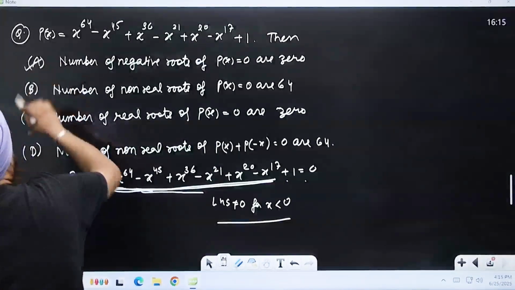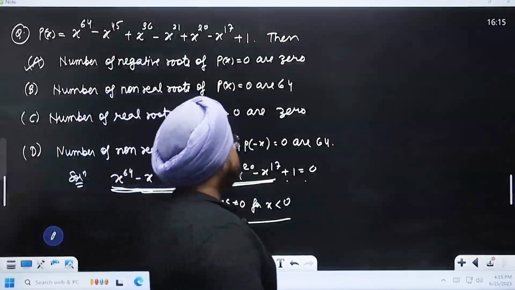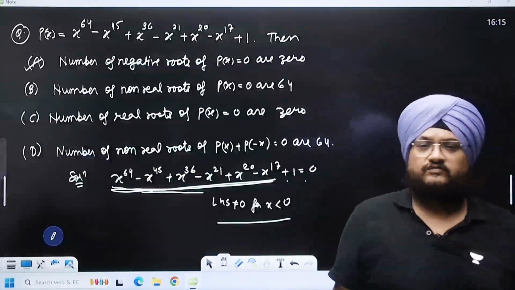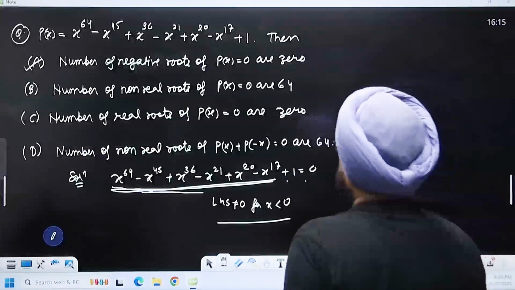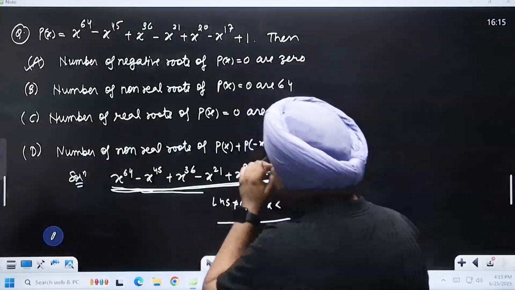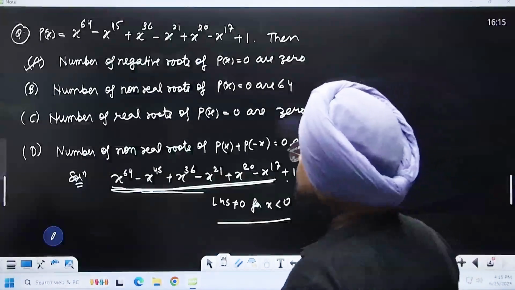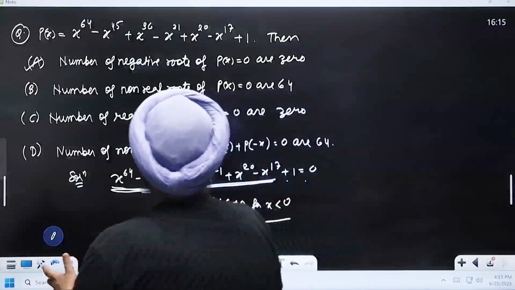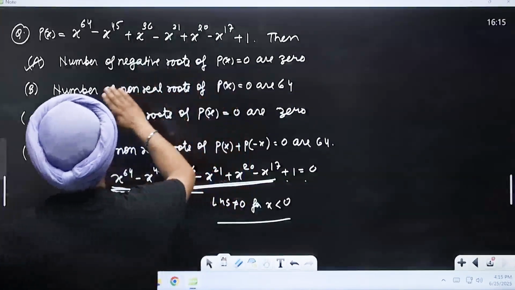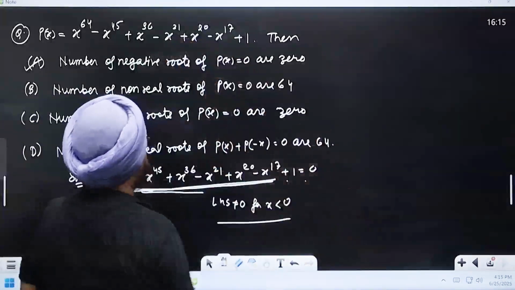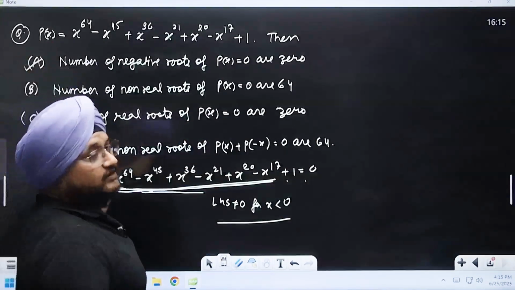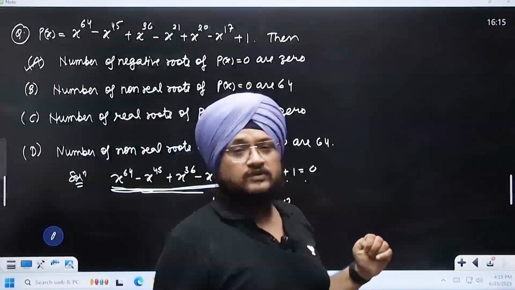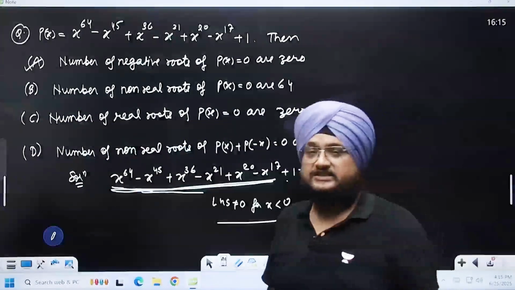Number of negative roots of P(x) equal to 0 are 0. No negative value of x satisfies this equation. Next, non-real roots of P(x) equal to 0 are 64. Options B and C are quite the same. If P(x) equal to 0 has 64 non-real roots, then it will have 0 real roots, as the degree of the equation is 64, so the equation will have exactly 64 roots.